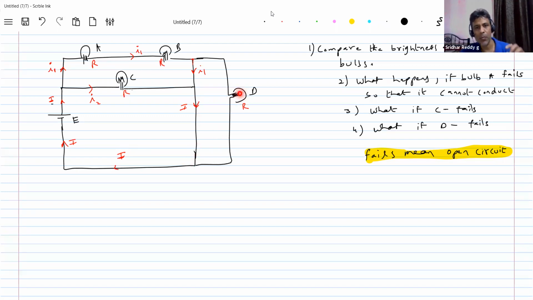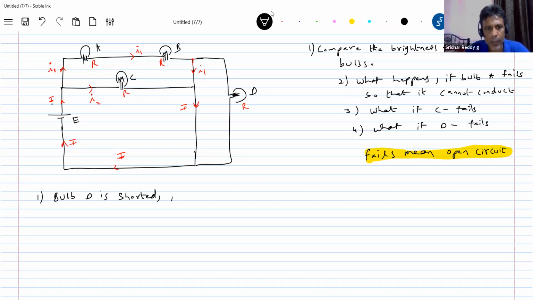So bulb D did not get damaged. There's no current through it, so brightness will be 0. Always say the bulb D got shorted. That's why there's no current through it, and that's why it will not glow. So the first thing I'll put like this: bulb D is shorted, no current through it.